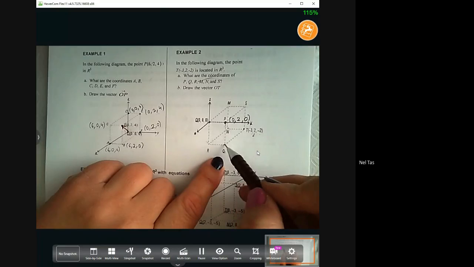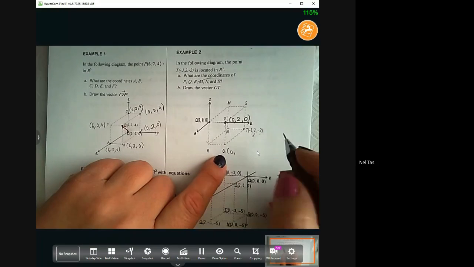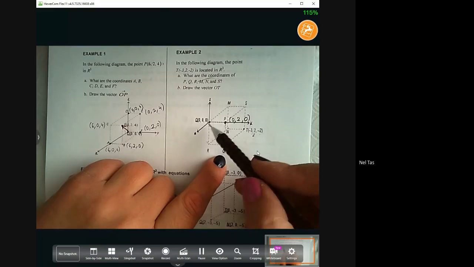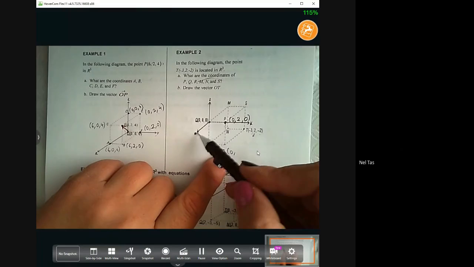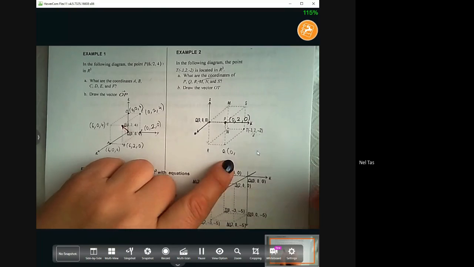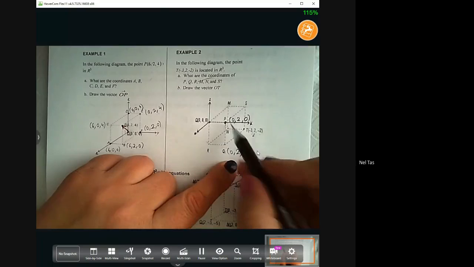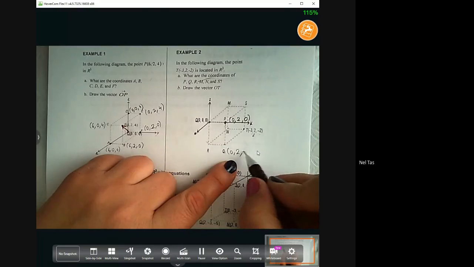So -2 is here. So the coordinates of that point Q: for the x-axis, we didn't go in the positive or negative x direction, so x coordinate is 0. The y coordinate is 2, and then 2 units down, -2.